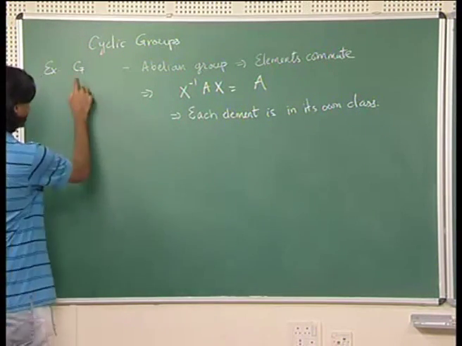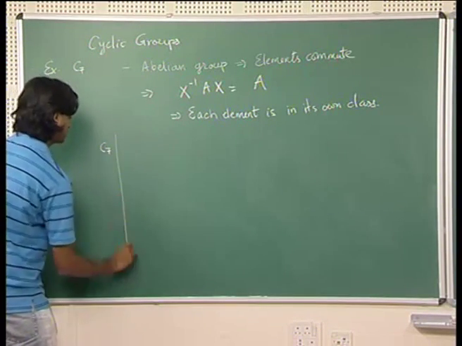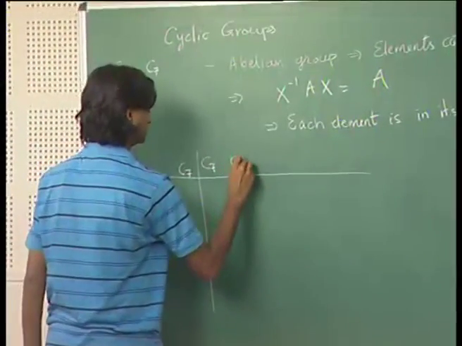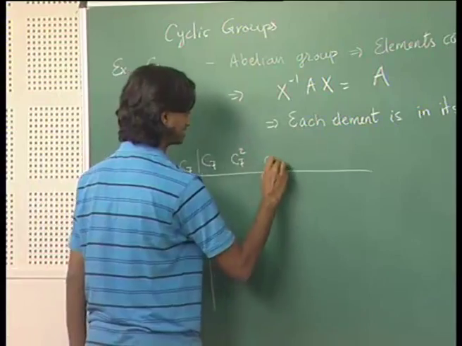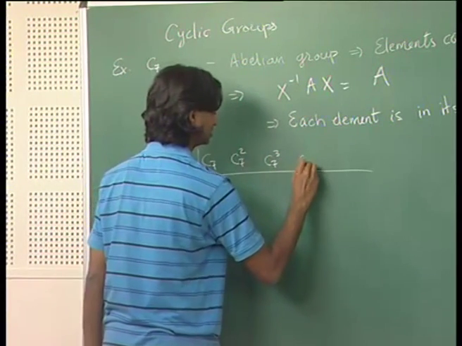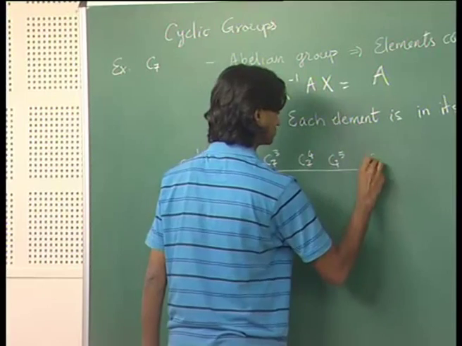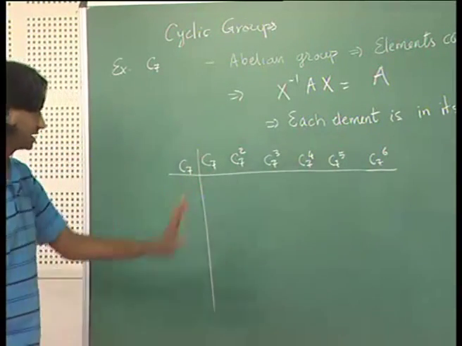So for example, if we take C7, the elements are C7 square and cube, and so on. These are not only the elements, these are also their classes. So these are the 7 elements, and they are all in their own class.